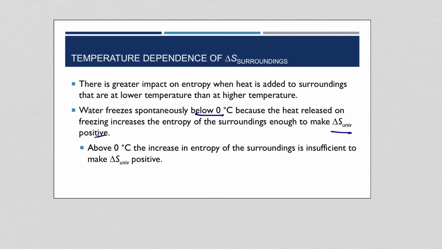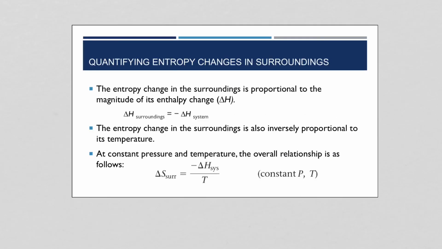But once you get to higher temperatures, the amount of heat put into the surroundings does not increase the entropy enough to make delta S universe positive. And so the entropy change in the surroundings is proportional to the magnitude of its enthalpy change. So remember some of these key relationships: the enthalpy change of the surroundings and the system are the same but opposite.